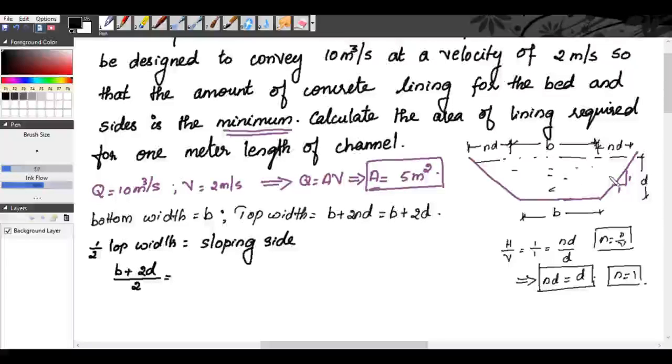Sloping side, so we will find it. We will draw a vertical line and take this as A, B, C. So AB is equal to square root of AC is D squared plus CB is ND, ND is D, D squared. So it is D into root 2.